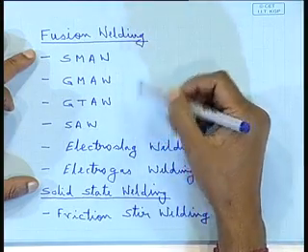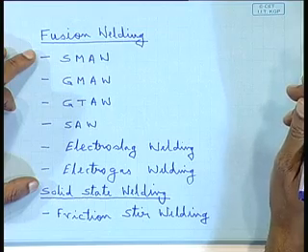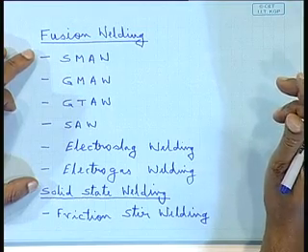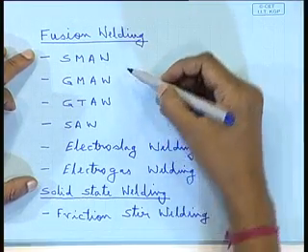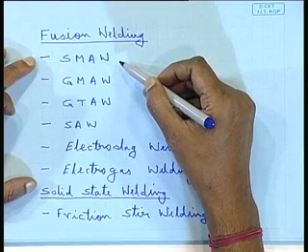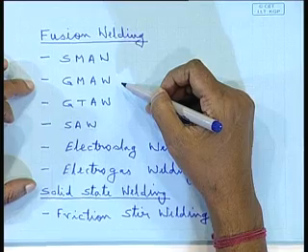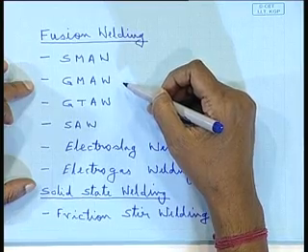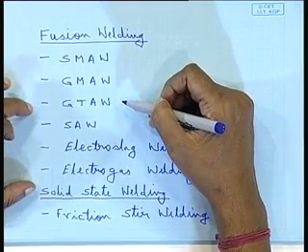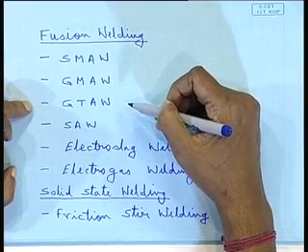Amongst these, fusion welding means where fusion takes place. By virtue of fusion, you do the joining of two components. So SMAW, that is shielded metal arc welding. Then you have GMAW, gas metal arc welding. GTAW, gas tungsten arc welding.